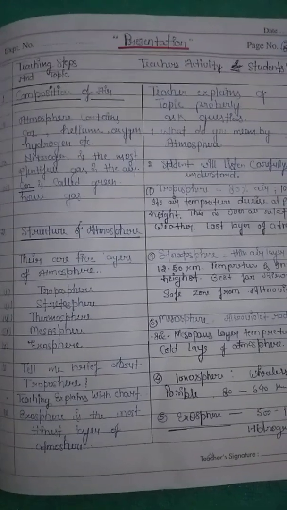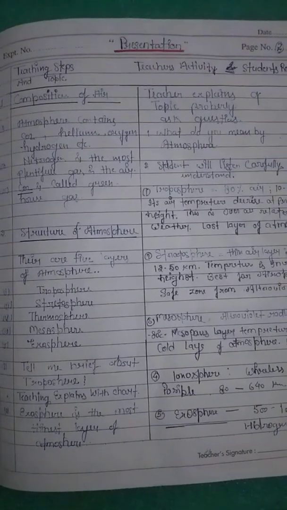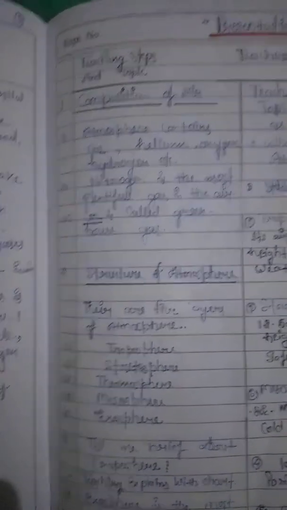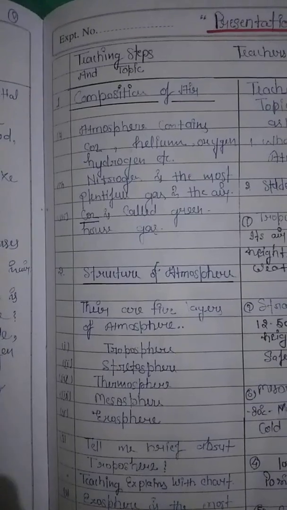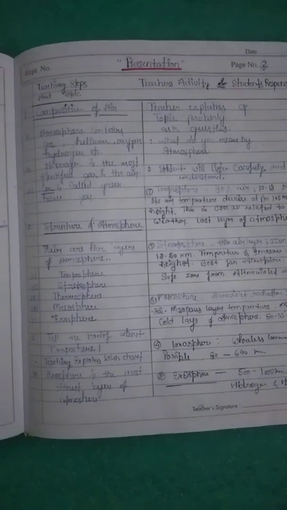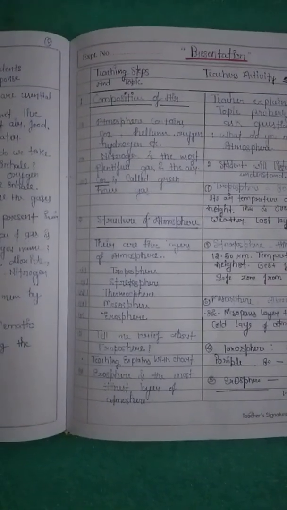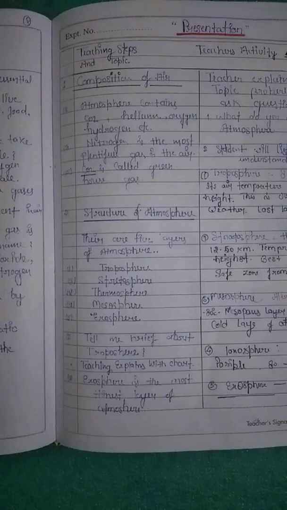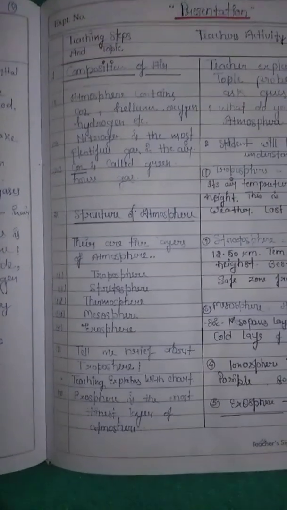Now here I am starting the presentation, how to make a lesson plan about our topic, which was air. Teaching step and teaching topic. Here I wrote two sections: composition of air and structure of air are the main points of this topic.